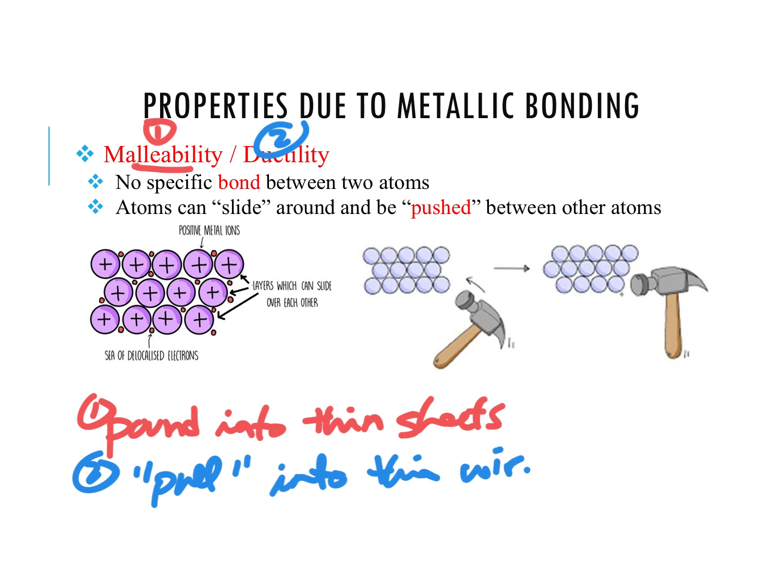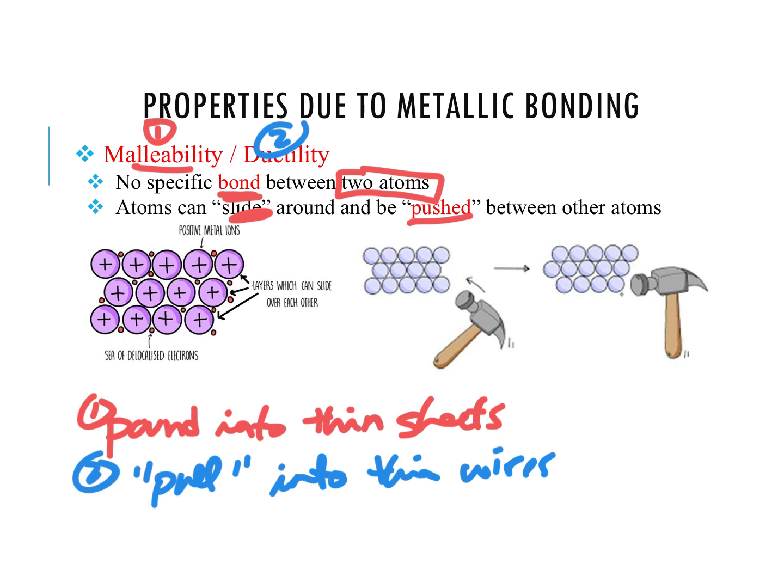So sheets versus wires. The reason we can do all of this pounding and pulling is that there isn't a specific bond between two atoms like there is with ionic and molecular. We just have this lump of atoms with the sea of electrons.